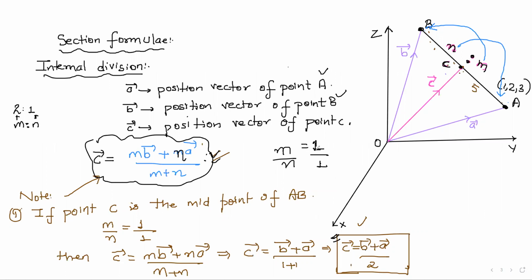It should be 1:1, so M and N will be equal. If in place of M and N we put 1, we get B plus A by 1 plus 1, so B plus A by 2. So if C is the midpoint of AB, we use this formula directly, B plus A by 2.